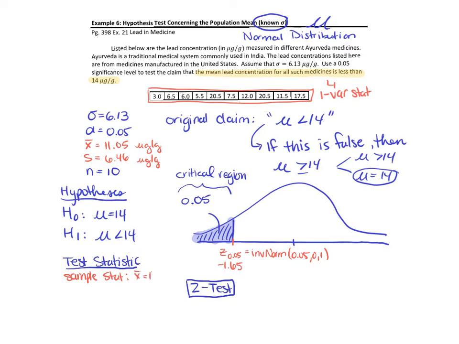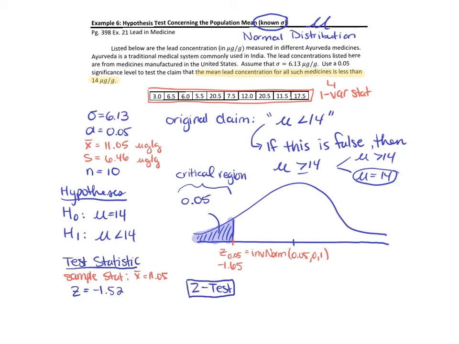And now I know what my sample statistic is. It's x bar. I can go and do the z-test and find the test statistic. The test statistic is a z-score for x bar. So the z-score we get for this is negative 1.52. Keep in mind that it makes sense that it would be negative because we have a left tail test here.